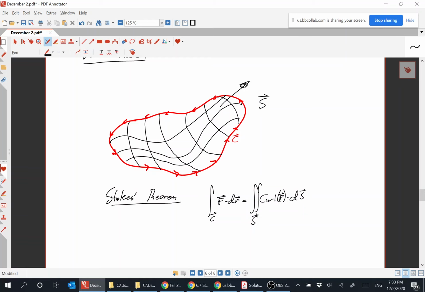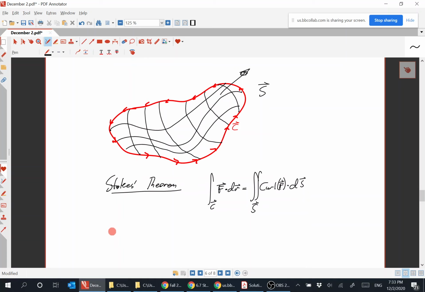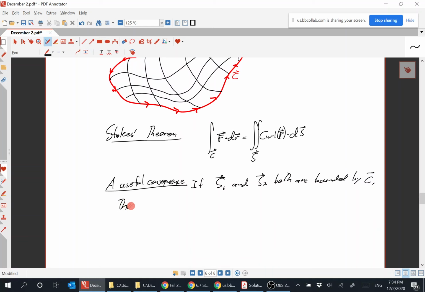And one consequence of that, which is used in several of the homework problems, is useful: if surface 1 and surface 2 both are bounded by C, then the two surface integrals over the curl of F are the same.